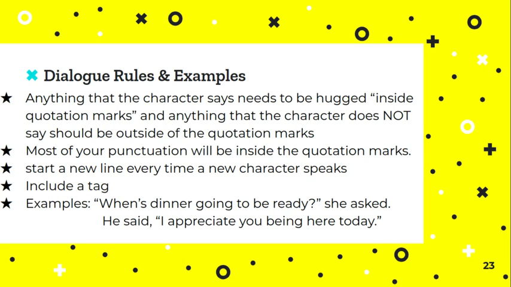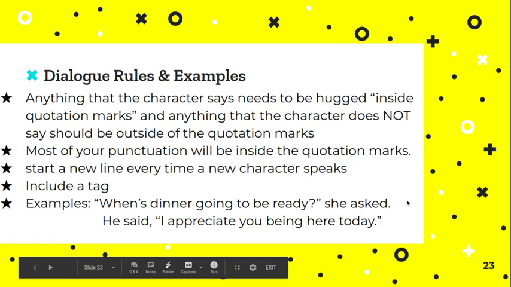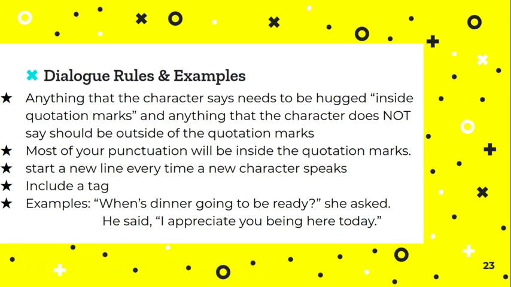Your dialogue will also have what is called a tag, which is a statement that comes before or after it. And there are some examples here. "When's dinner going to be ready?" she asked. The tag in this example is she asked, because that's not part of what this girl said.